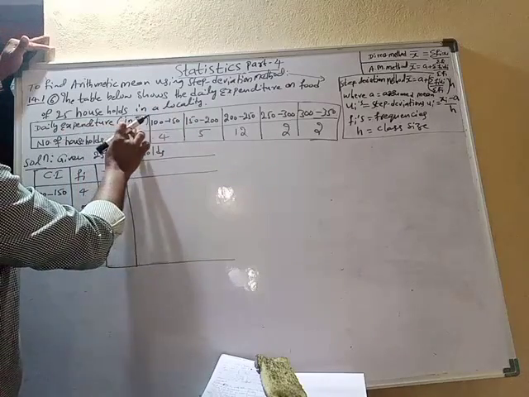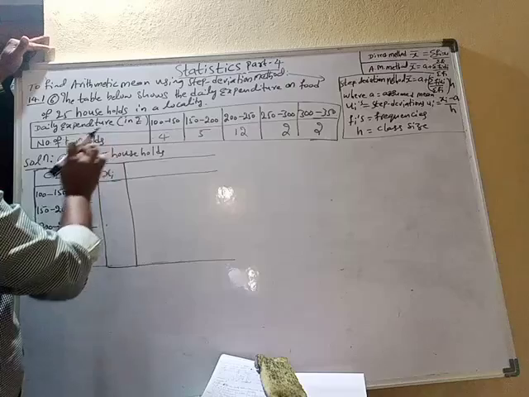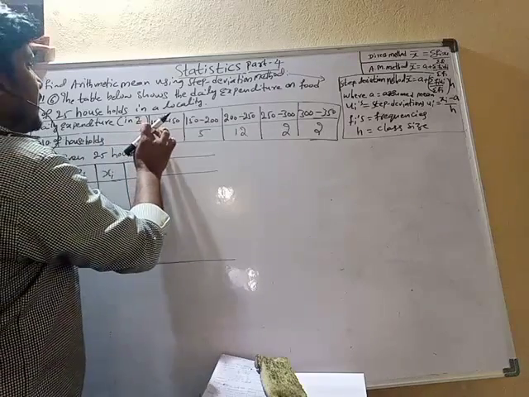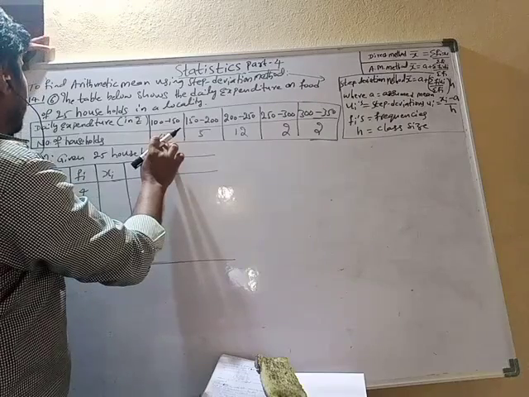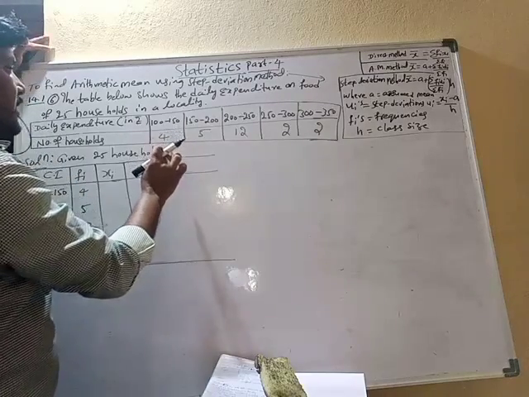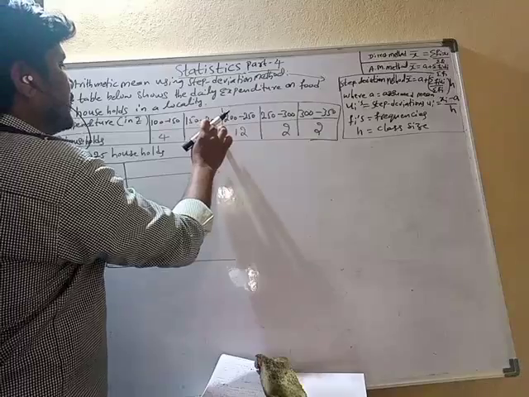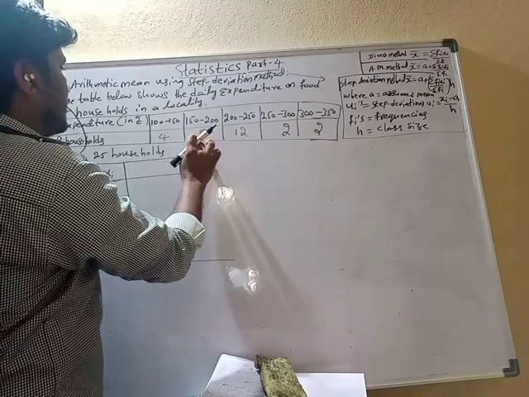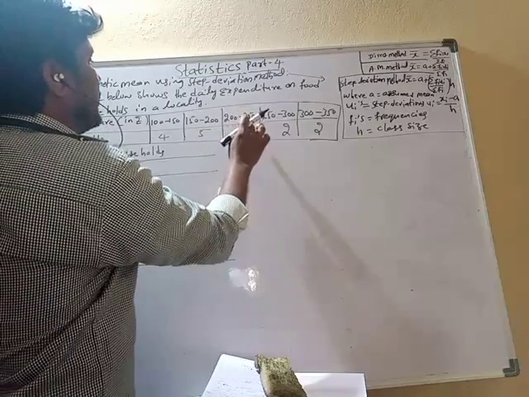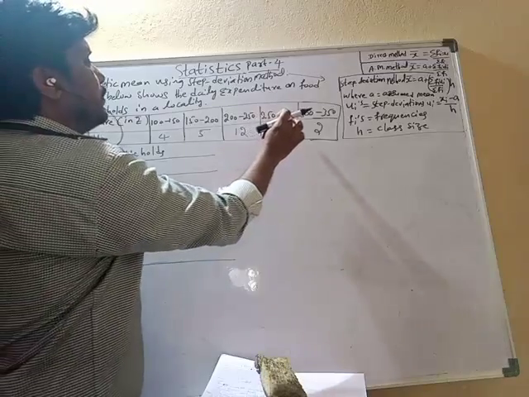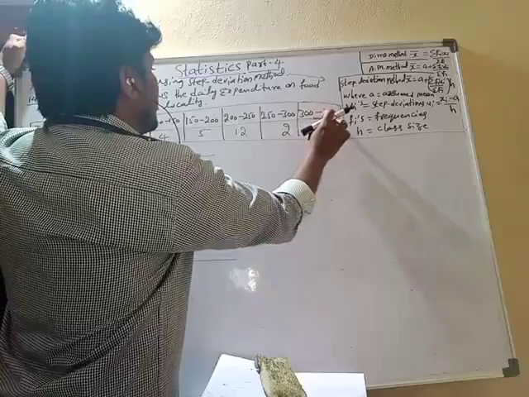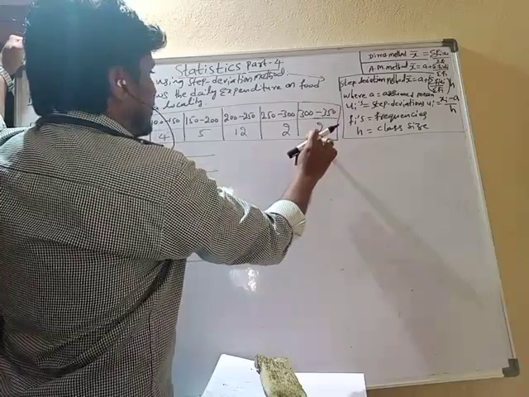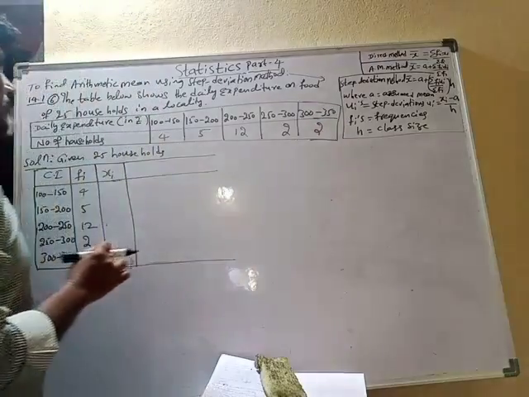Daily expenditure in rupees is given and number of households is also given. 100 to 150 rupees, 4 households; 150 to 200, 5 households; 200 to 250, 12; 250 to 300, 2; and 300 to 350 rupees, 2 households. This is the given table.